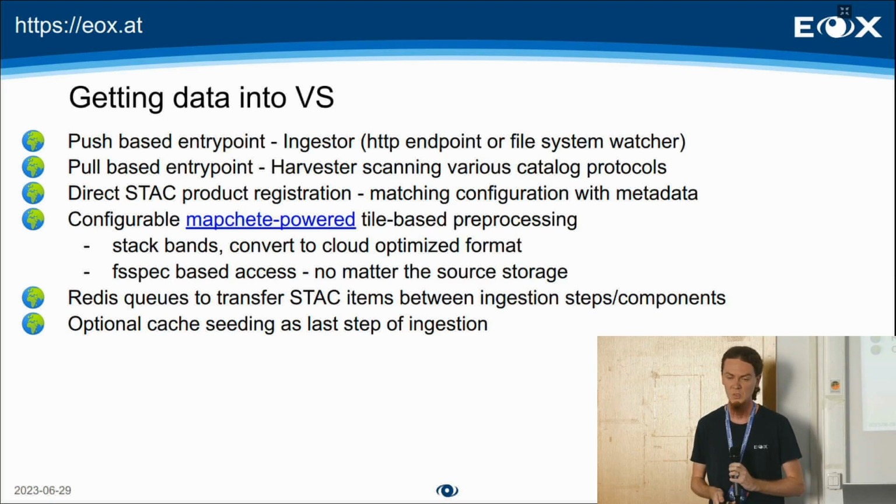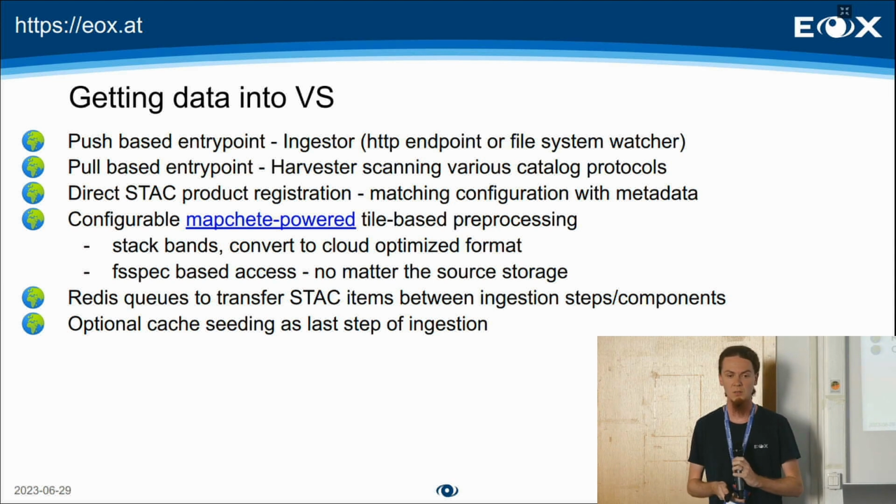Or we have a service called preprocessor, which is then processing the data in a configurable manner in a tile-based way using another library called MapCache, which has many possible usages of what you can do with it. We use it mainly, for example, to stack bands or basically convert it to cloud-optimized format.